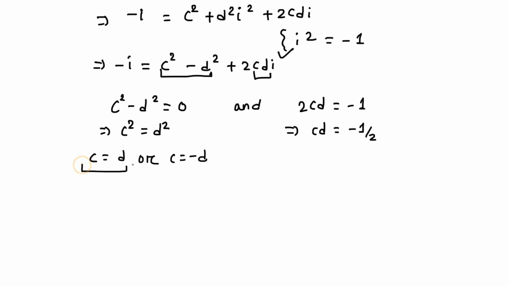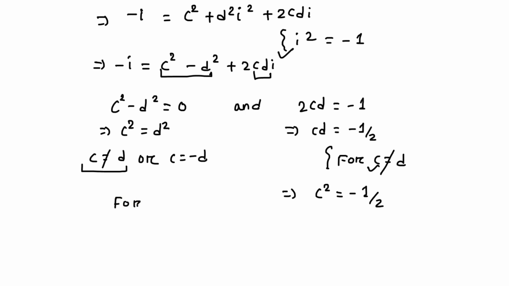Now, if I put c equals d here, c square equals minus 1 by 2. We know that the square of any positive or negative value cannot be a negative value. So c equals d gets discarded, and we are left with c equals minus d.